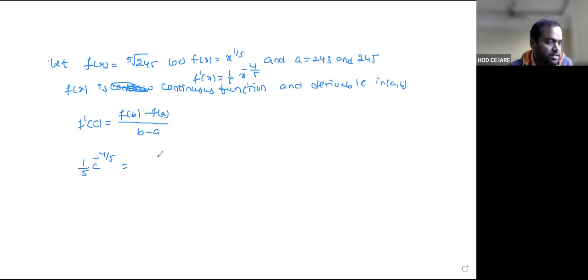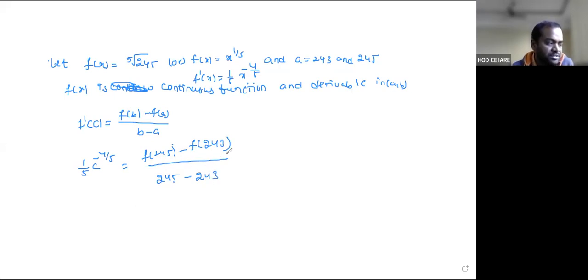f of b means f of 245 minus f of 243 by 245 minus 243.